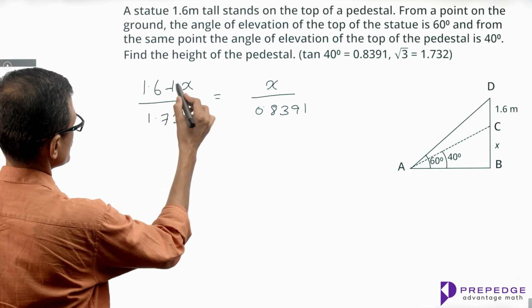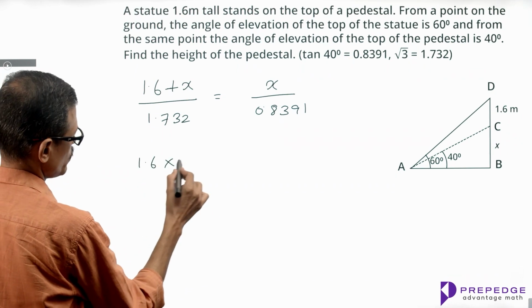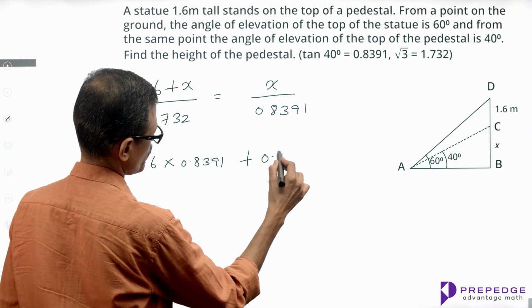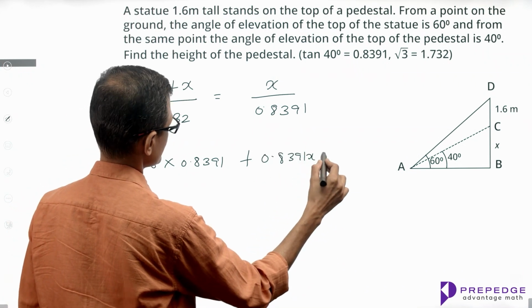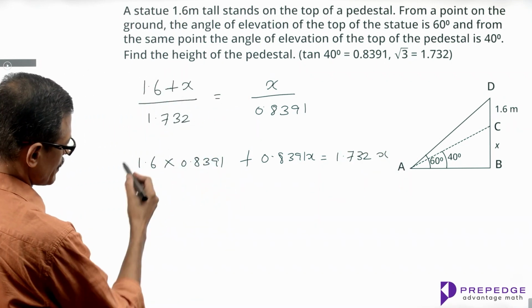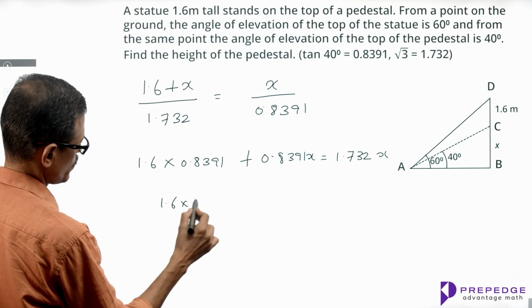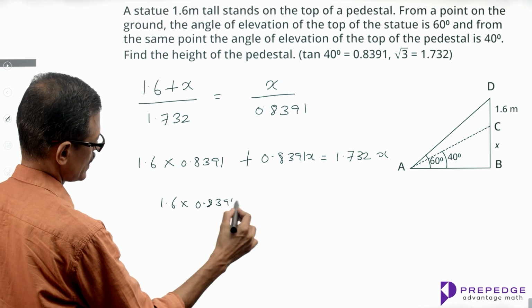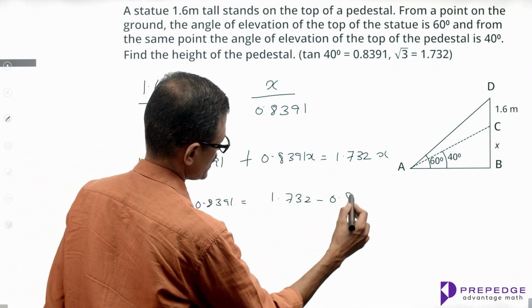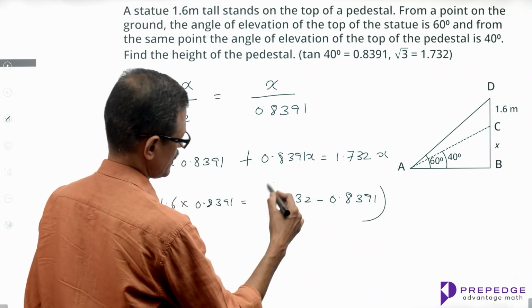So what we'll have is 1.6 into 0.8391 plus 0.8391x is equal to 1.732x. We can keep this term as it is: 1.6 into 0.8391 is equal to 1.732 minus 0.8391 x.